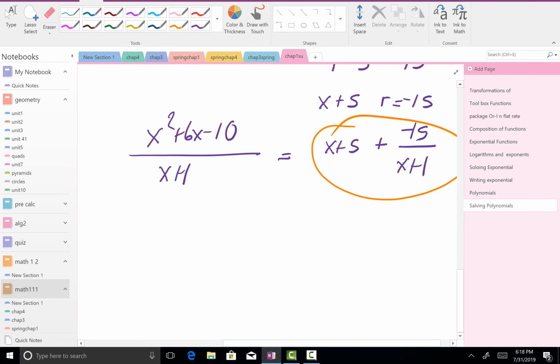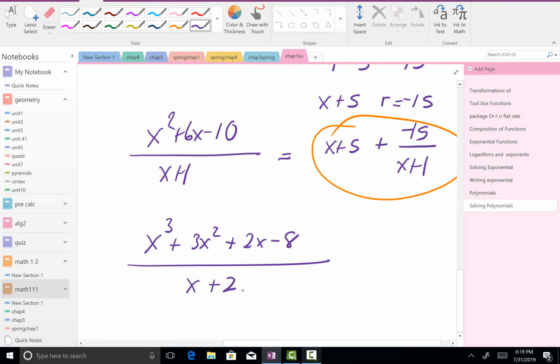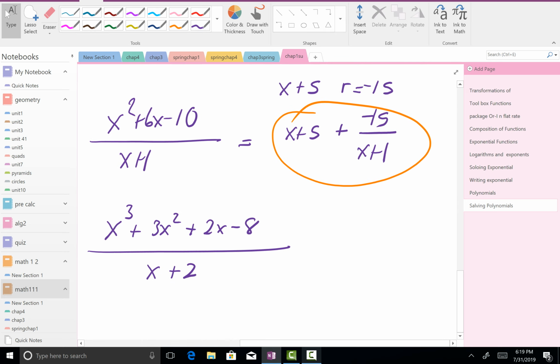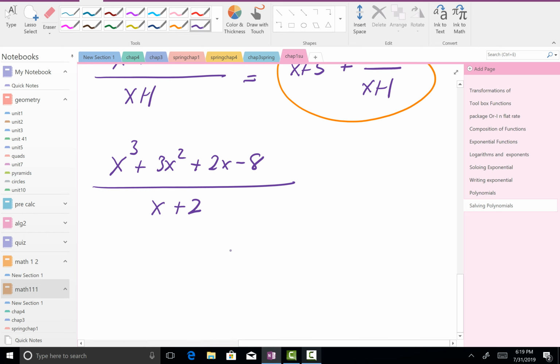Okay, so far we kept it pretty basic. So let's try one like this. All right, so we're going to use synthetic division.